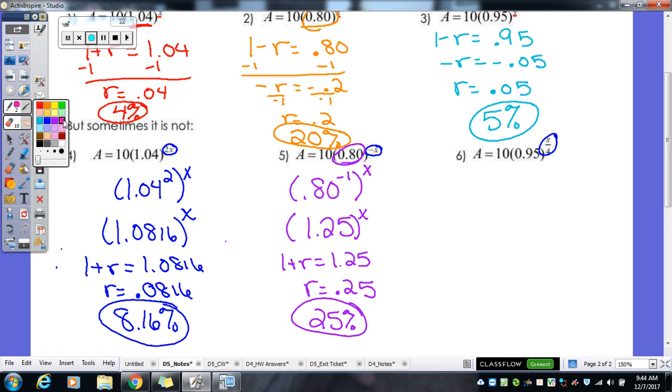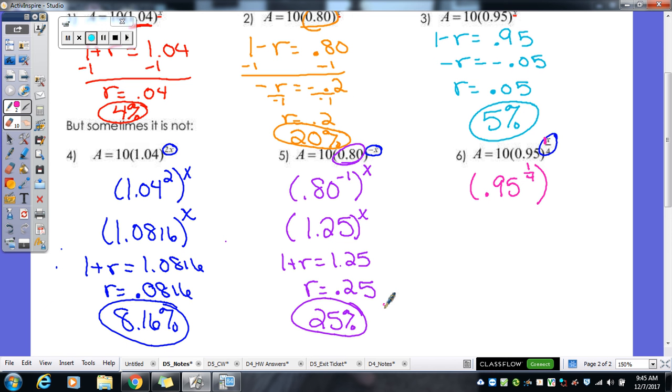And then number 6 there, our last one, what are we going to pull into the parentheses? Not just 4, it'd be 1 over 4. There's a 1 here that's not always written, but it is there.